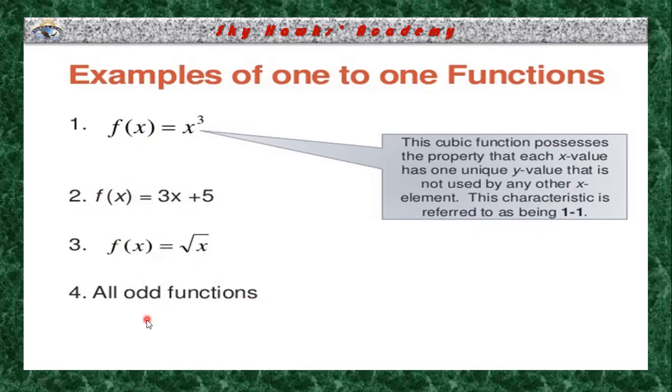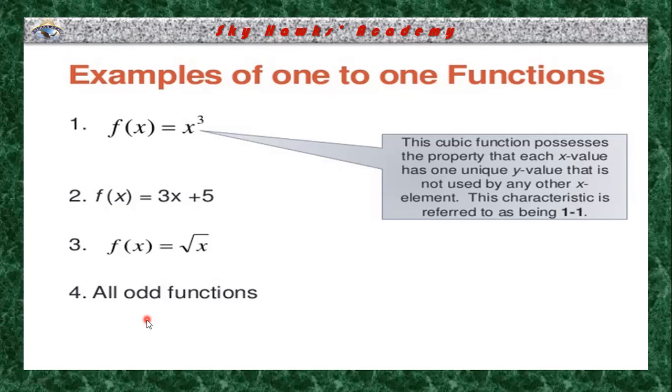So all odd functions are 1 to 1. Last time we were talking about even and odd functions. I'm sure that is very clear. Yes. So every odd function is 1 to 1. There is a strange and interesting fact: if you are asked whether a function is 1 to 1, look at whether it is an odd function, then the simple answer is straightaway that each and every odd function is a 1 to 1 function.